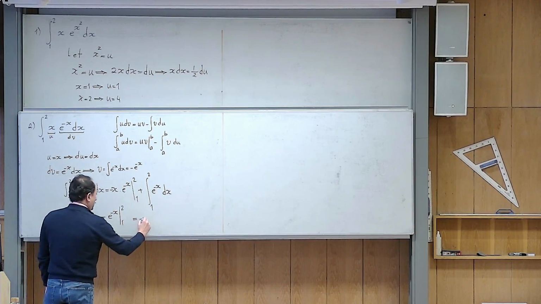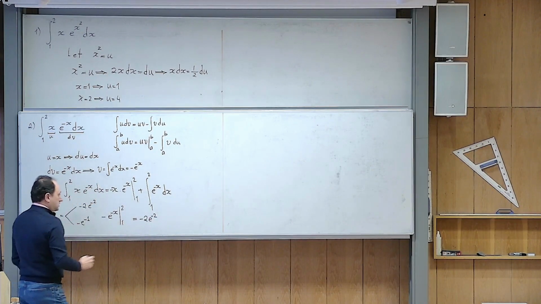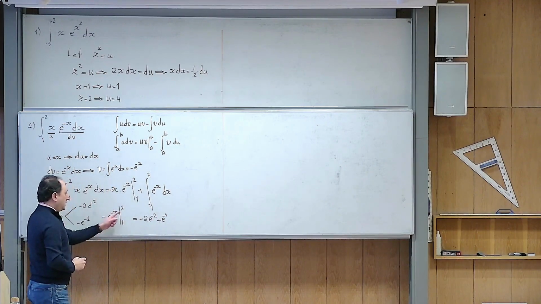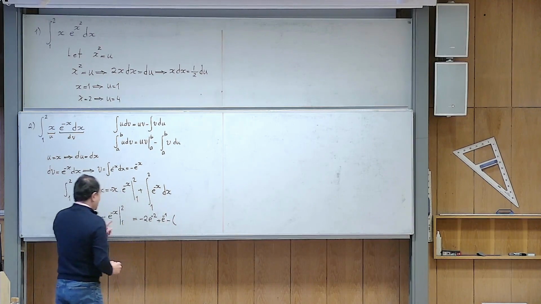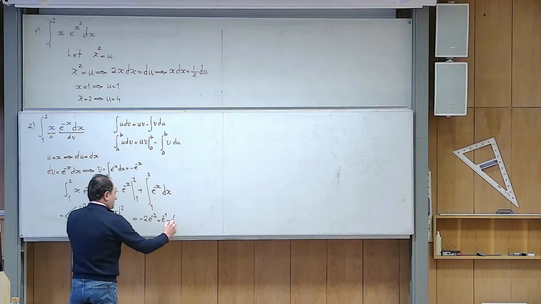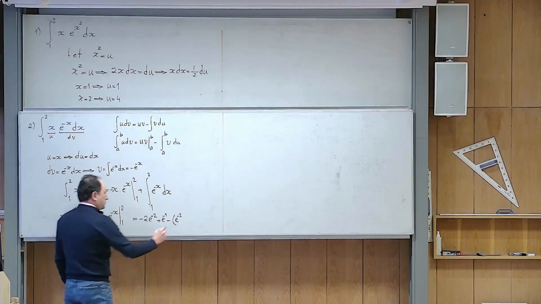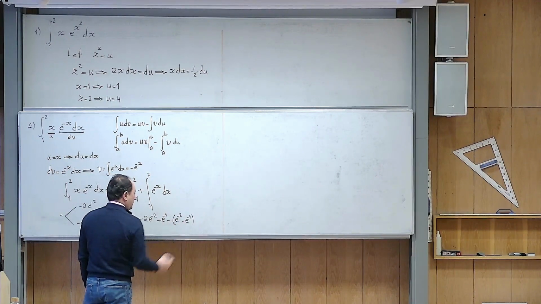So this becomes minus 2e to the power of minus 2. Minus this becomes plus e to the power of minus 1. And I do the same thing here. I put 2 here, it becomes e to the power of minus 2. Then I put 1 here, so it becomes minus e to the power of minus 1.